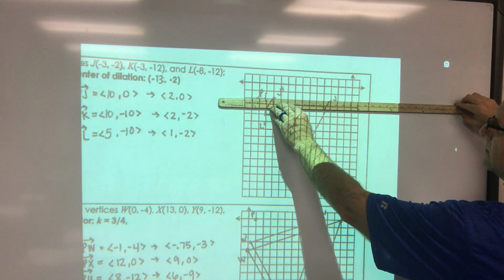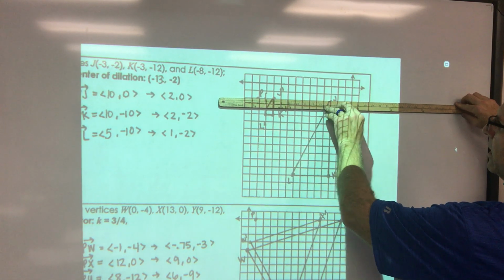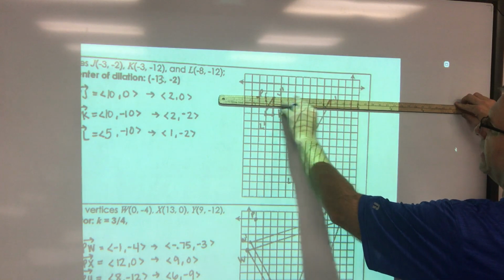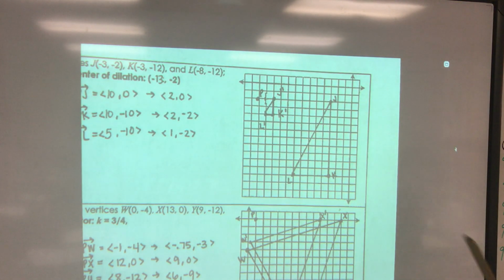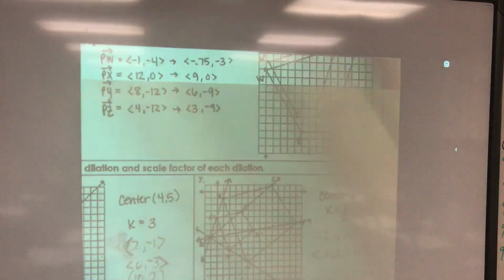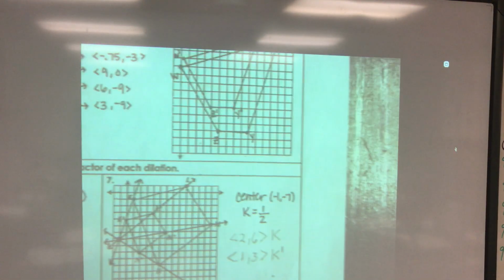If I go here and I go through all the J's, J prime, I go through the point of dilation. That's going to help us for when we drop down to number 9. Somebody had a question about this.